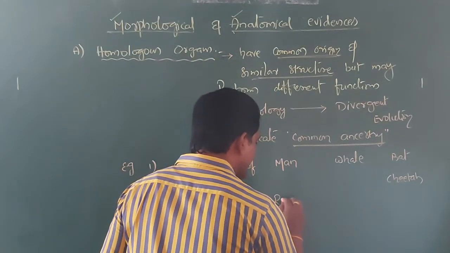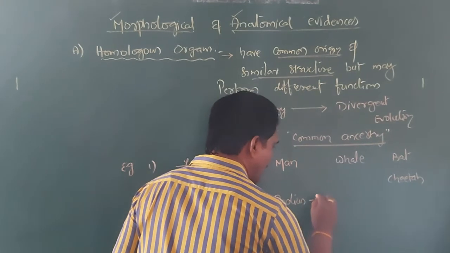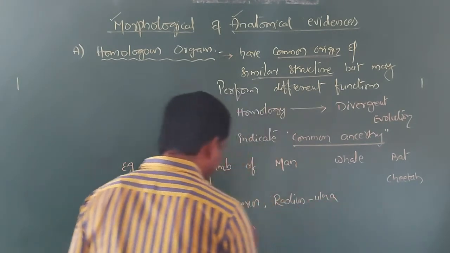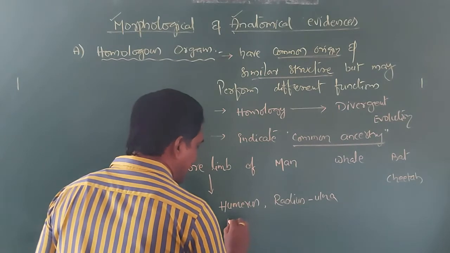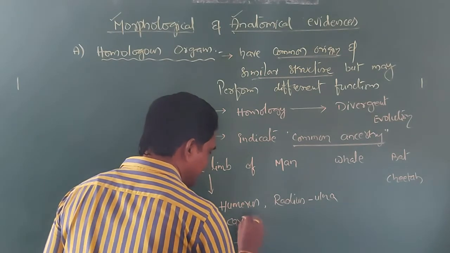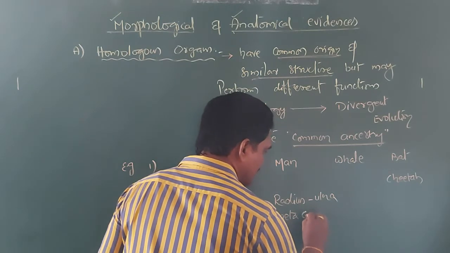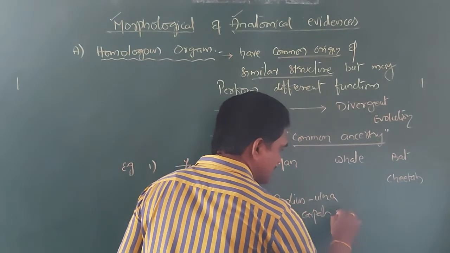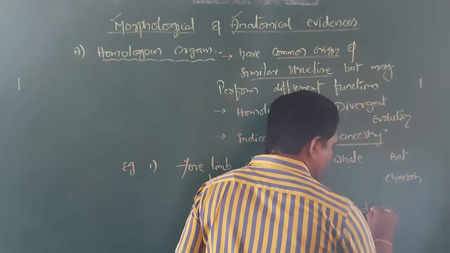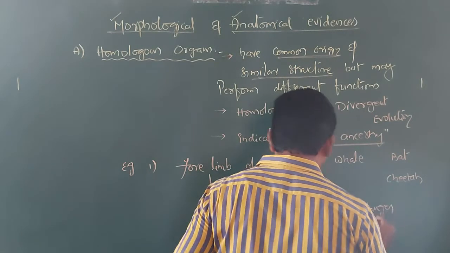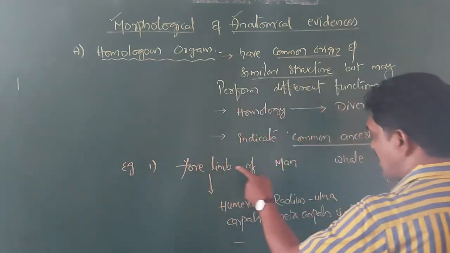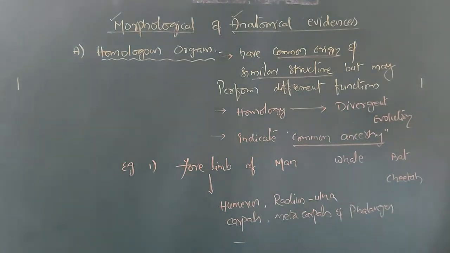Next, radius and ulna. Next, carpals in the wrist, metacarpals and phalanges. So this is the common structure present in the forelimbs of all these organisms.